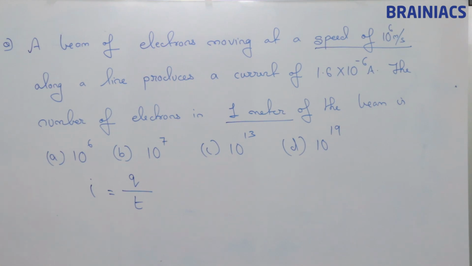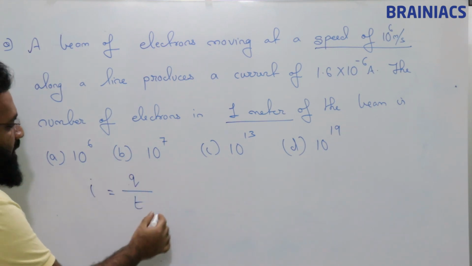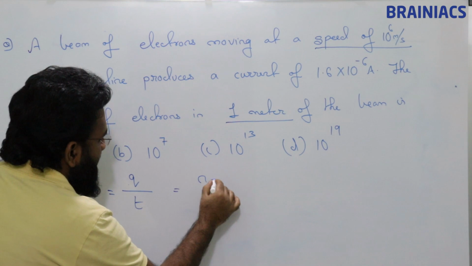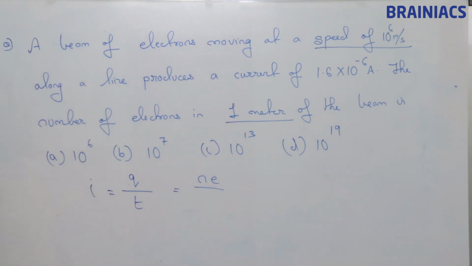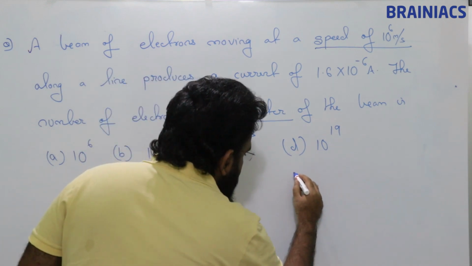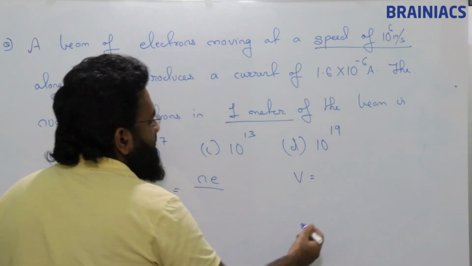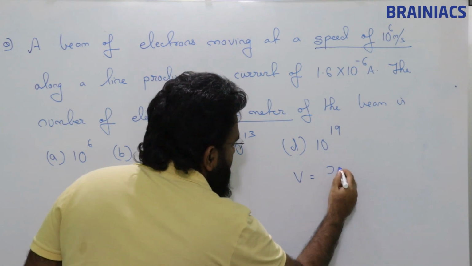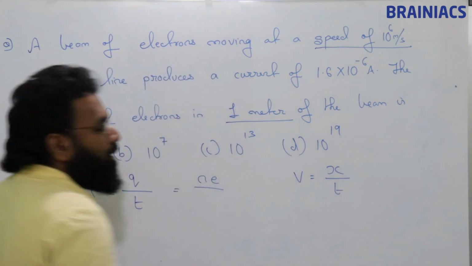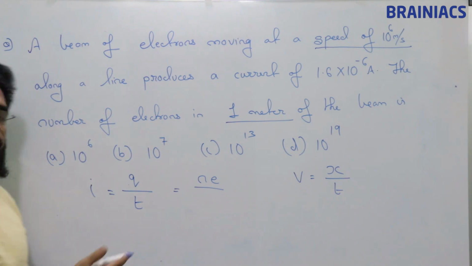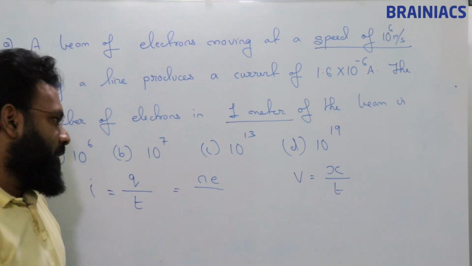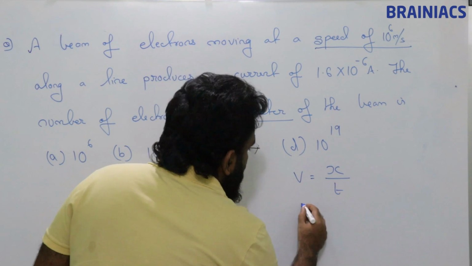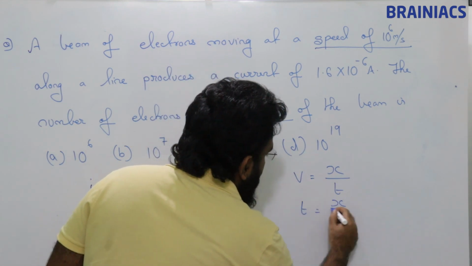So definitely we will have to write Q as NE, divided by T. So we know speed is equal to distance by time, or velocity is equal to displacement by time. Anything is fine. So here time is equal to x by v.